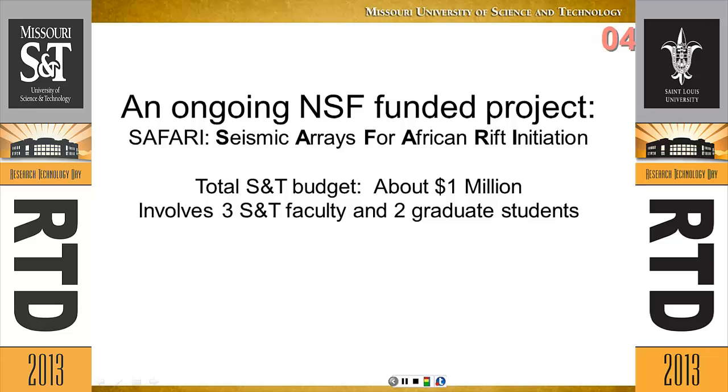It's more than $1 million in grants to the university. Actually that's part of a bigger project, about $5 million total. It involves several institutions, MIT and Columbia University in New York, the University of Texas and Oklahoma State, different universities.